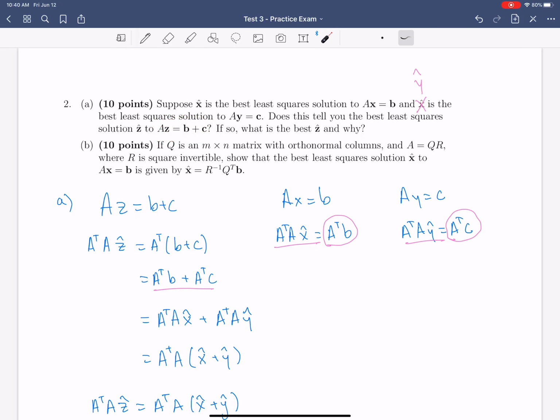But when they're linearly independent, you know that the solution is exactly X hat plus Y hat. When the columns of A are not linearly independent, then X hat plus Y hat is one solution, but there are infinitely many. There are many more solutions. So yeah, the answer is a bit twofold.